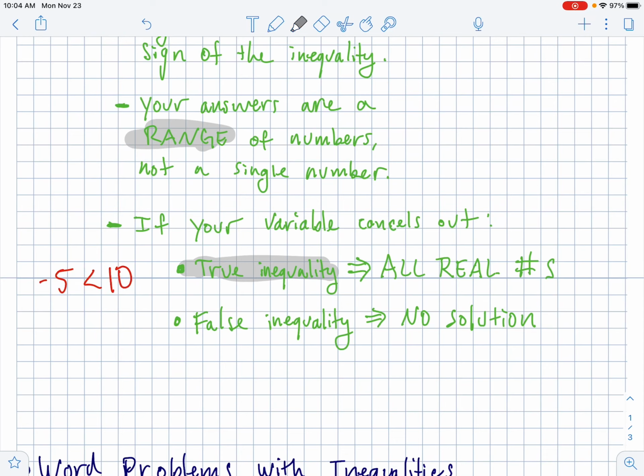That's true, which means your solution would be all real numbers. No matter what number you plug in for x, you will get a true inequality. If you were to get something that is false, like 5 is less than 3, that's not true. 5 is not less than 3. That's a false inequality, which means no solution if it's false.